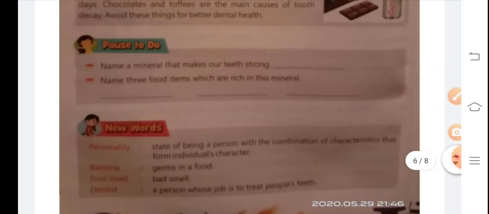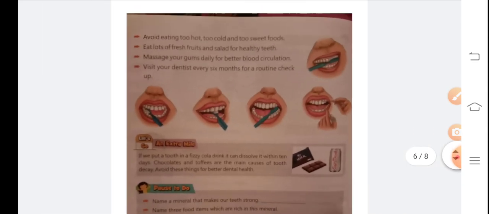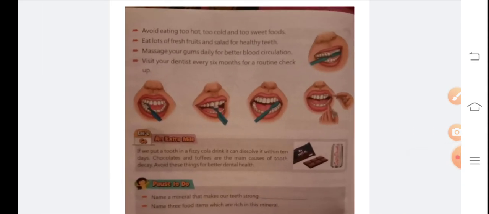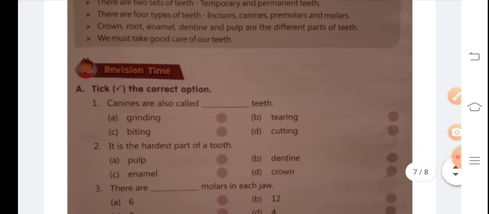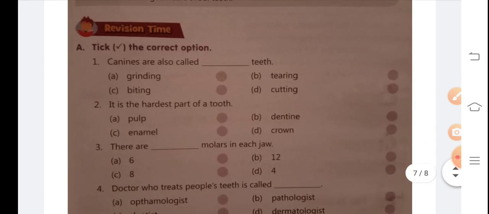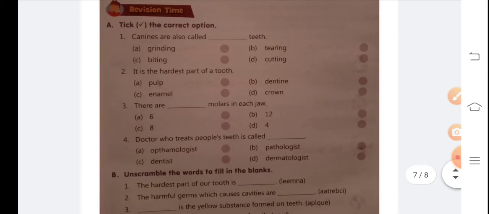So my dear students, today our second chapter is complete, and your question answers are available here. When you start the question answer exercise, firstly write the English to Hindi word meanings, which you can also search in your dictionary or with the help of your brother or sister.